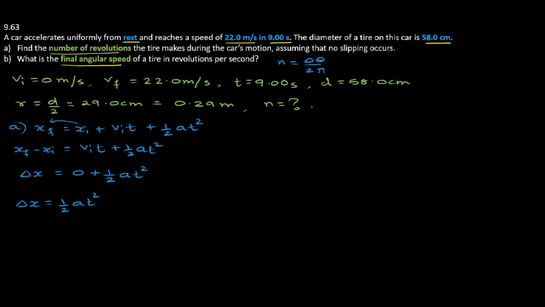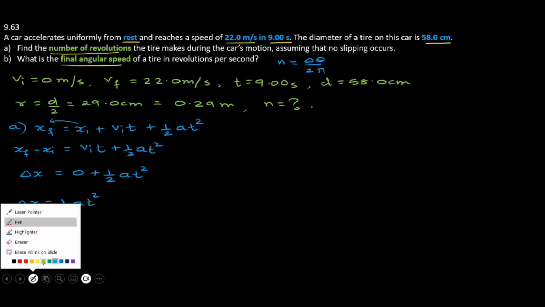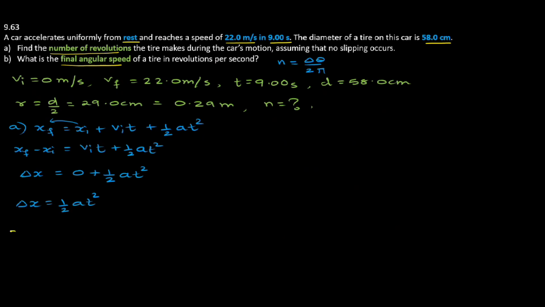Linear acceleration a is not given to us, but I can find it using the velocity values and the time t. We know that acceleration a is defined as change in velocity over the time. The change in velocity is nothing but final minus initial velocity, over the time t. So here in delta x, I can substitute this for a, or I can calculate a first and then solve for delta x. So let us find the linear acceleration a.